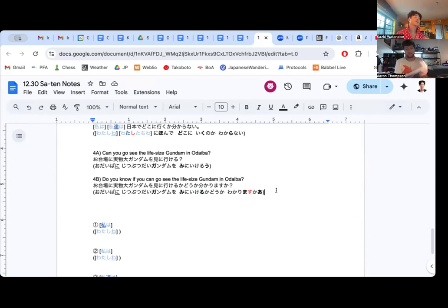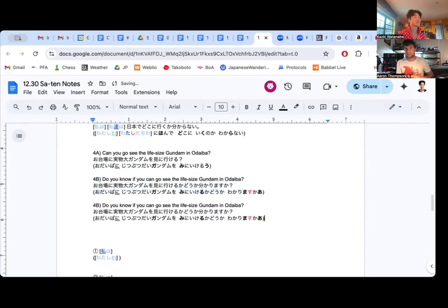Okay, now what about the plain form? お台場に実物大ガンダムを見に行ける. Yeah, 見に行ける. Yeah, the last molar needs to go up.